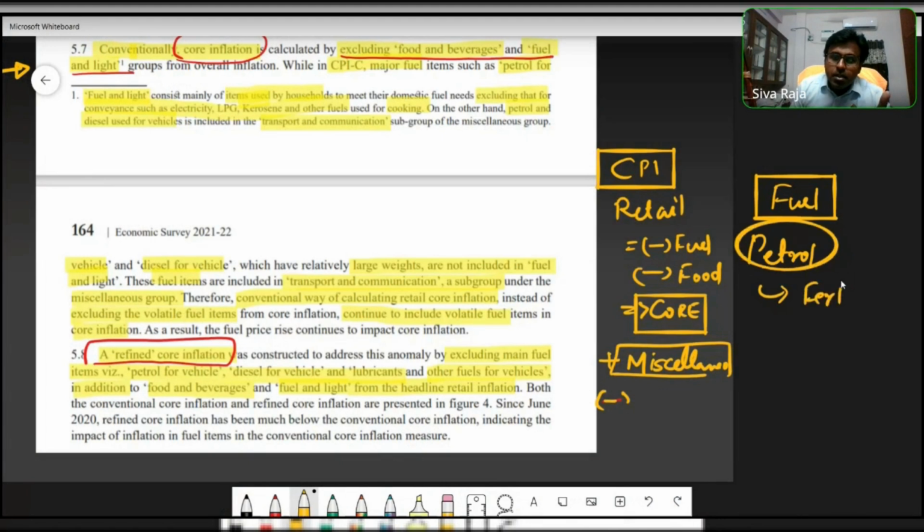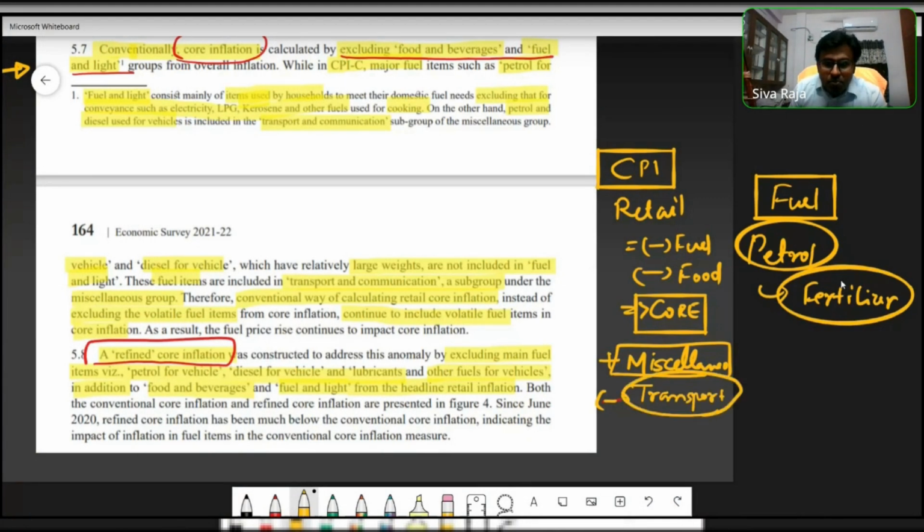Under miscellaneous there is something called transport. This is just the calculation, so don't worry. But understand this definition, petroleum products, that is the point.